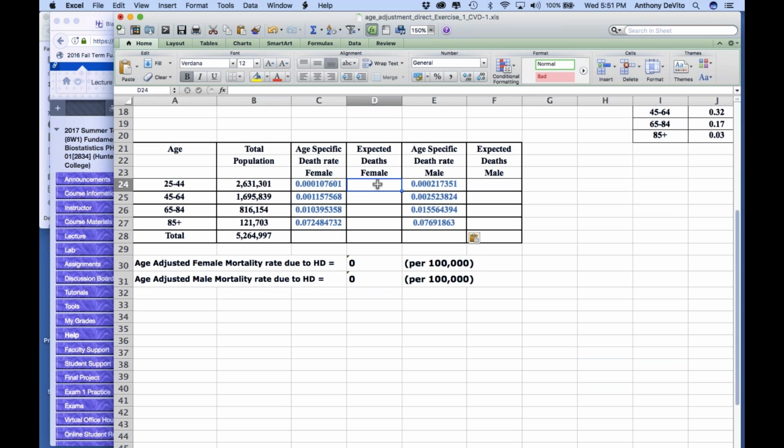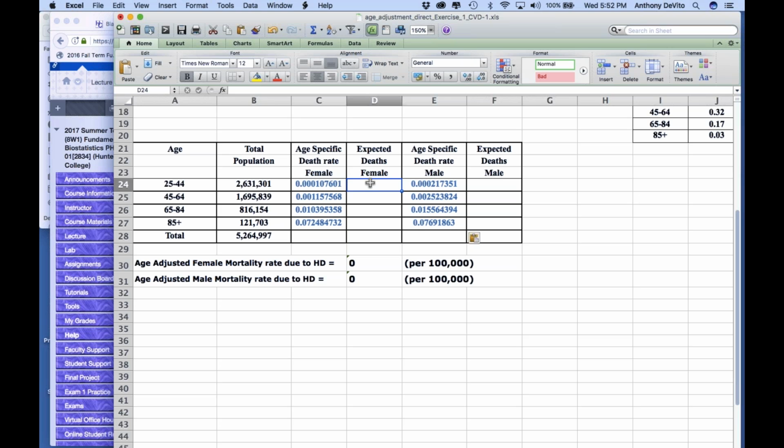Once I get that expected number of deaths from this manufactured population, I'm going to do the same thing with the death rates for males. So I'm going to apply my death rates to the same population distribution rather than to 2 different population distributions, to see if there really is a difference in the risk of cardiovascular disease between males and females.